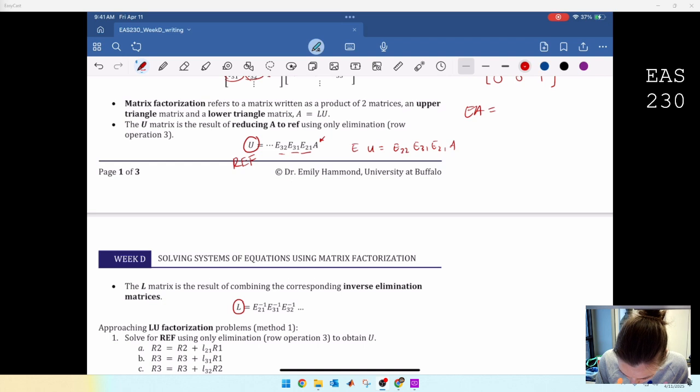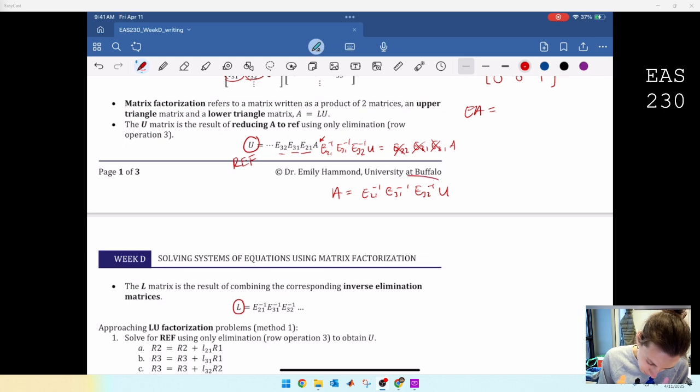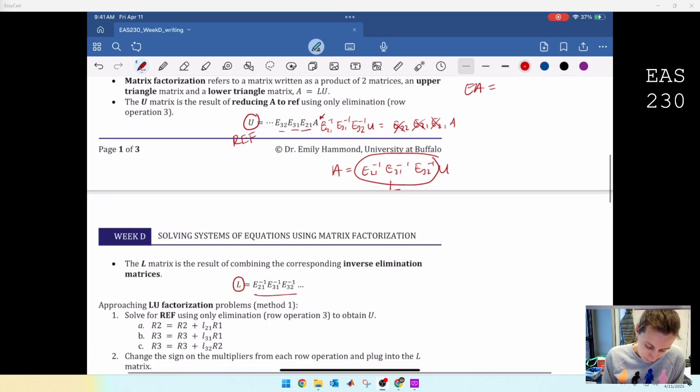So E32 inverse to get rid of that one. E31 inverse to get rid of that one. And E21 inverse to get rid of that one. So this is what ends up. A equals E21 inverse, E31 inverse, E32 inverse times U, where this is L, as you can see down here.